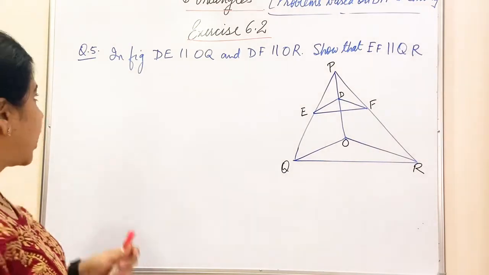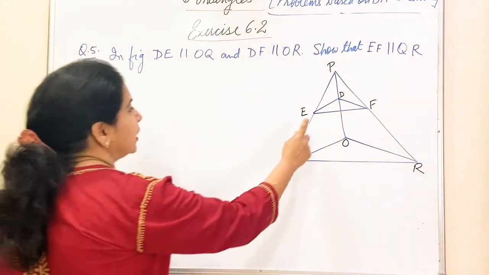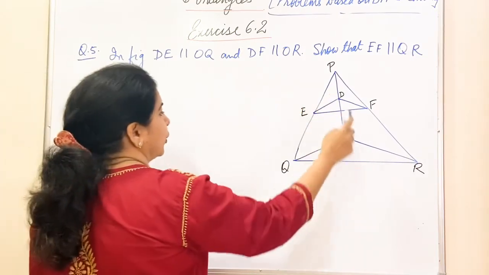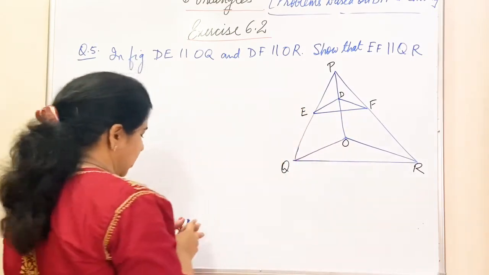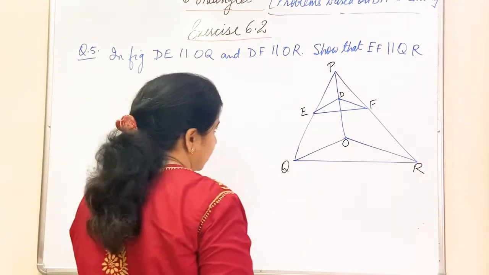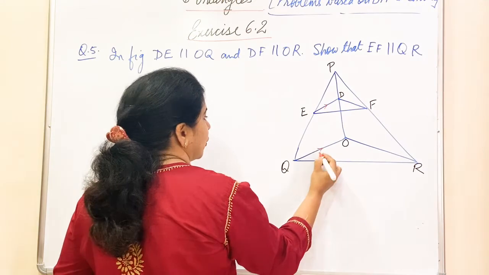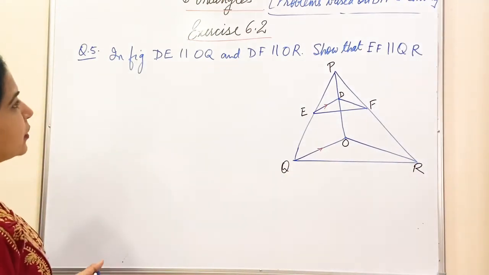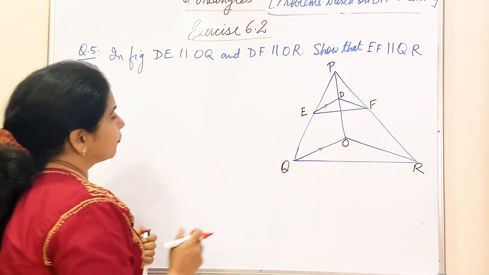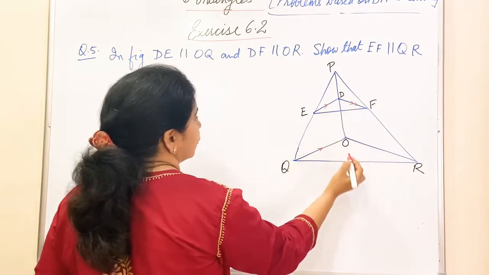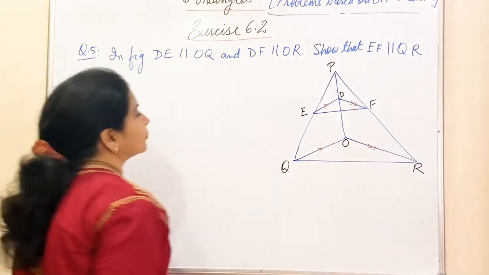In question number 5, in the figure, DE is parallel to OQ, and DF is parallel to OR.